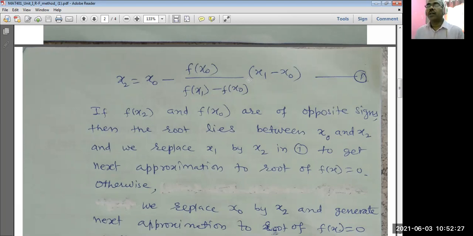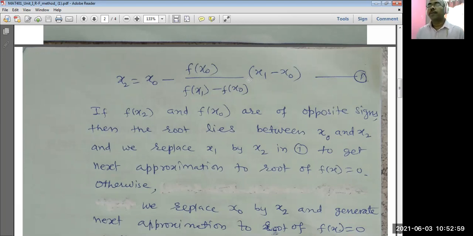Now check in which part the function values are of opposite sign. There are two possibilities. Either the function values f of x2 and f of x0 are of opposite sign, or the function values f of x2 and f of x1 are of opposite sign. So either one possibility is there.